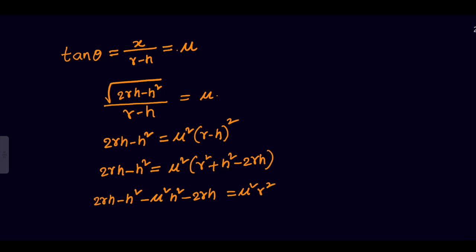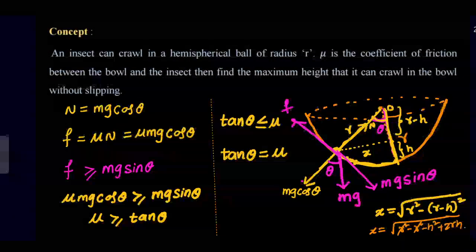I'm getting very lengthy. Here also mu square is there as coefficient, and this is mu square 2rh. Why did we get this lengthy?